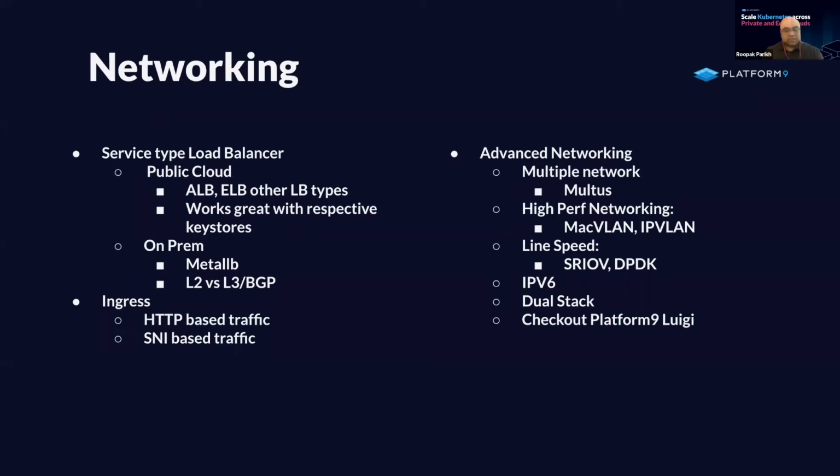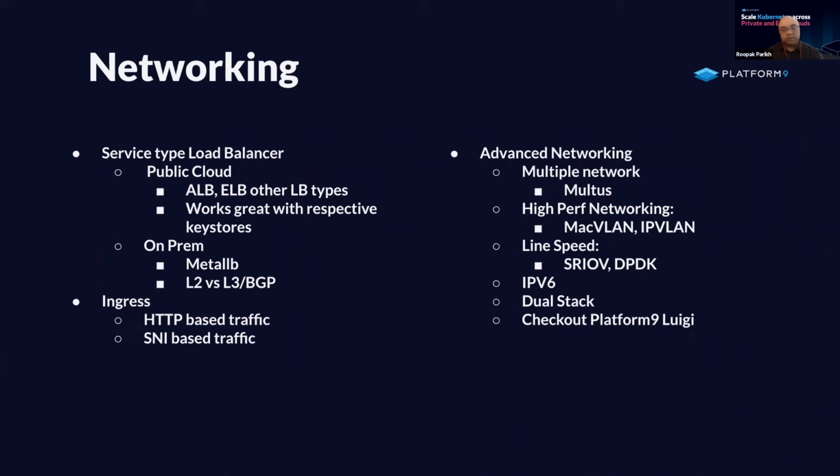In public clouds, it's actually relatively easy. You have application load balancers or elastic load balancers that the public cloud integration provides, and you can expose your services to the outer world. But when you're running on-prem on, let's say, VMware or OpenStack or just bare metal servers, how do you do that? On-prem, Platform9 comes with MetalLB.